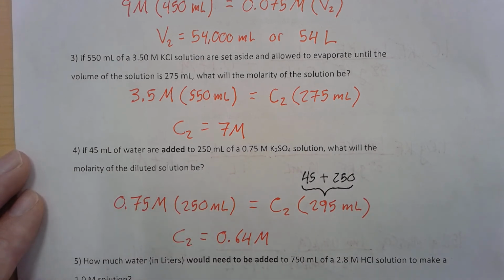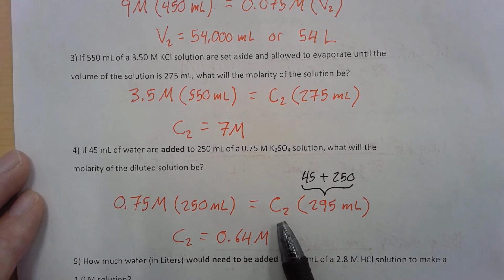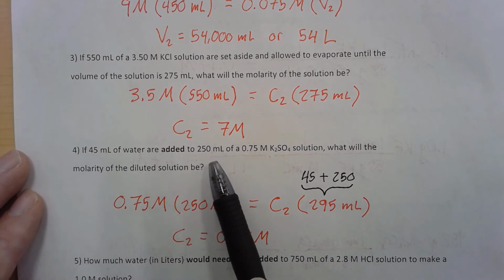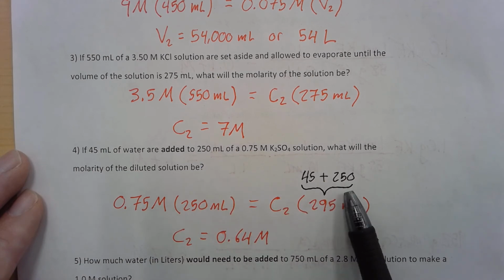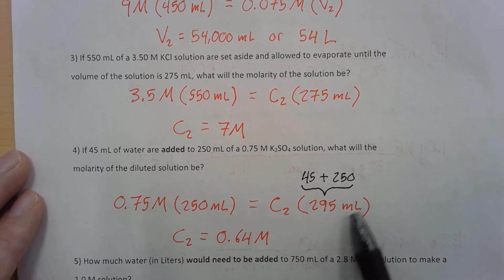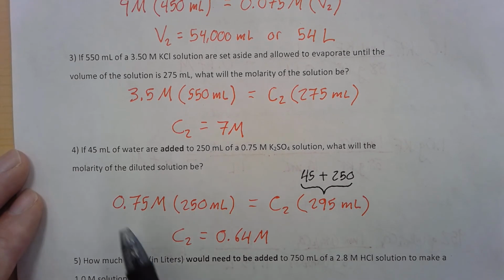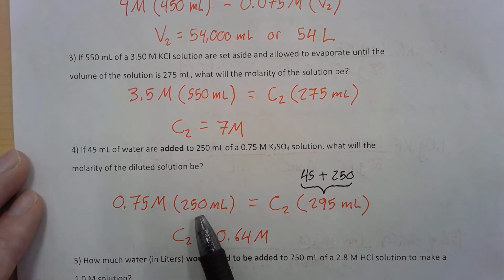So we're looking for the molarity of the diluted solution, which means this is C2. Okay. We need to realize that 45 milliliters are added to 250. So 45 plus 250 is 295, and that is V2. That's volume 2. The rest of it goes on the side with C1 V1, and C2 ends up being 0.64 molar.